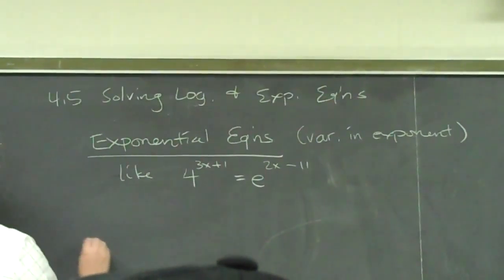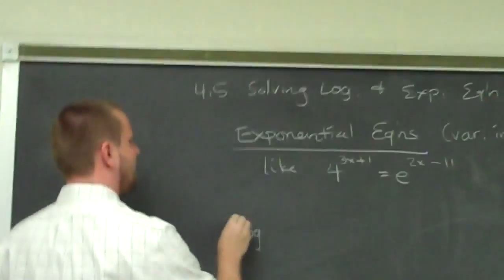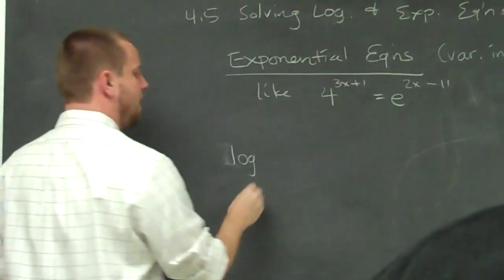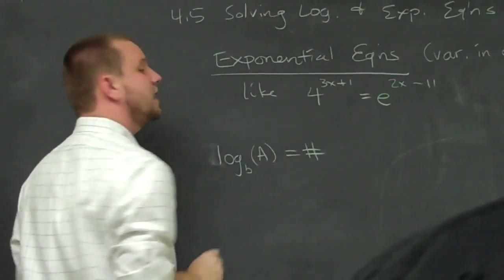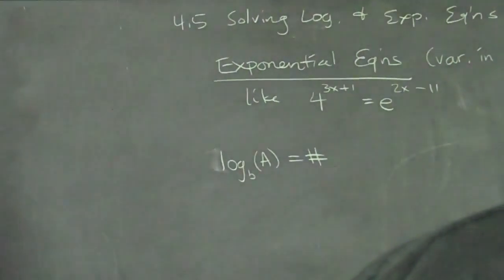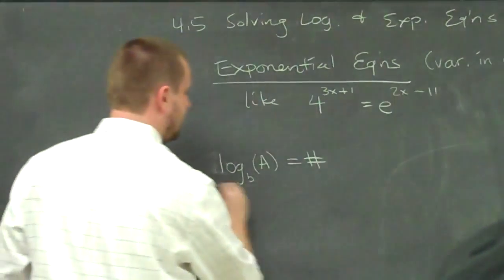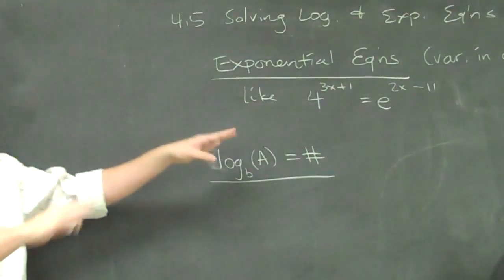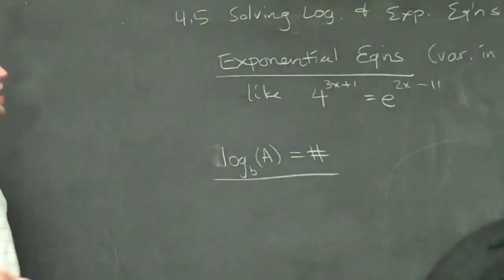Next up, we have two kinds of log equations. One kind of log equation is the kind I call log equals number. Okay? If everything on one side is the logarithm and it equals a number on the other side, then we've got a log equals number kind of equation.